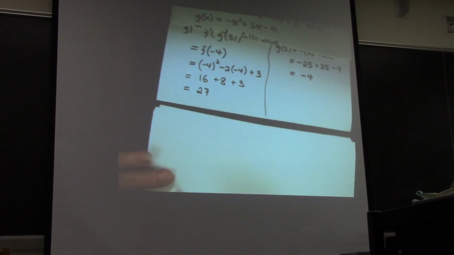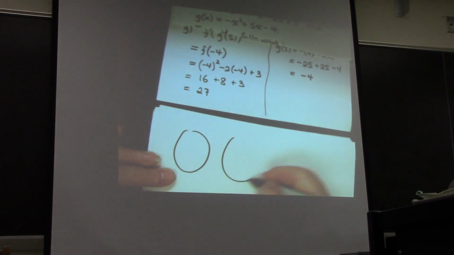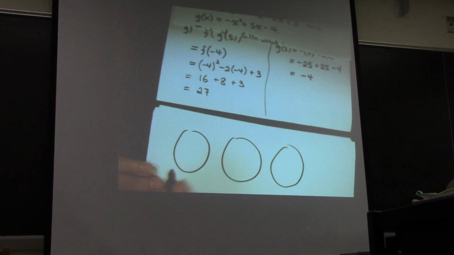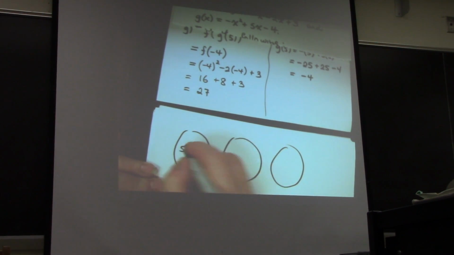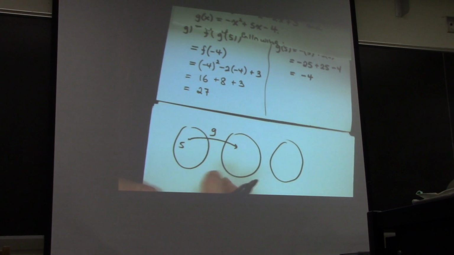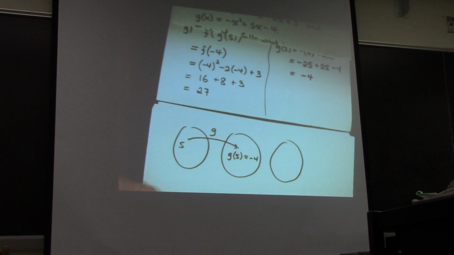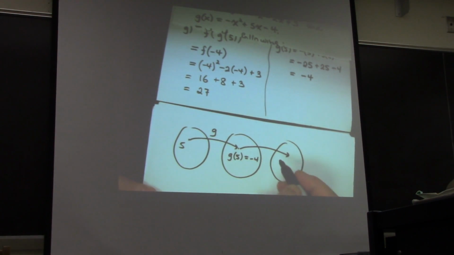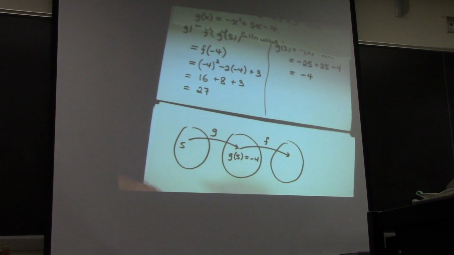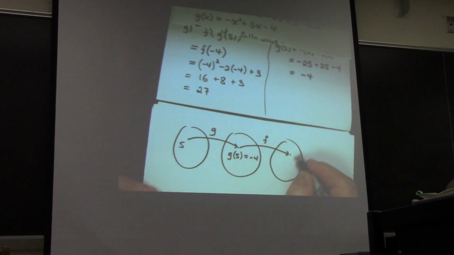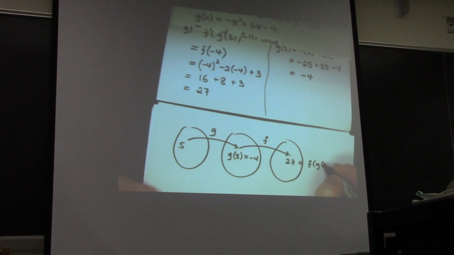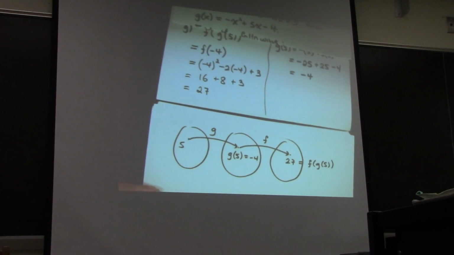So just drawing a little arrow diagram of what we just did, with 3 little blobs. We took 5, and first we plugged it into g, and we got g of 5 is negative 4. And then we plugged the negative 4 into the function f, and we ended up getting 27. That's our f of g of 5.